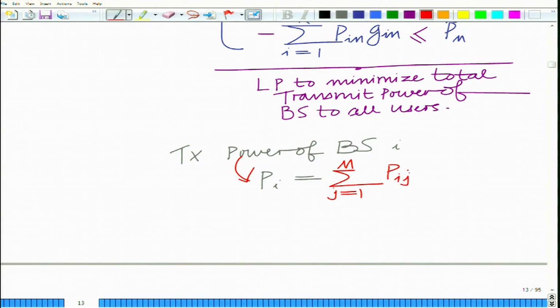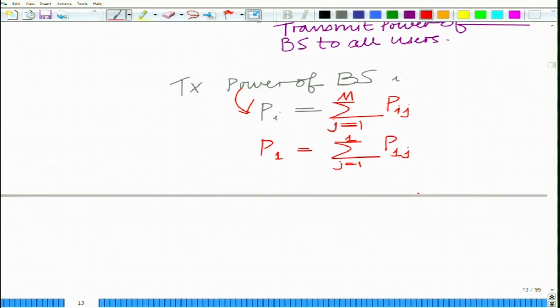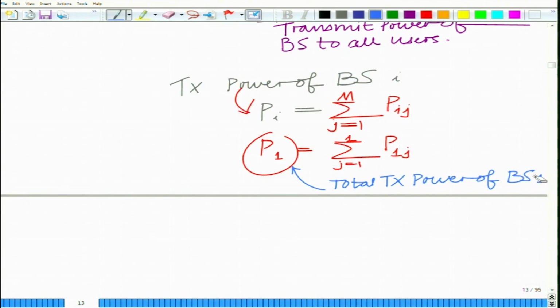For instance, P1, power transmitted by base station 1, equals summation j equals 1 to m of P1j, that is the power transmitted by base station 1 to each user j summed over all the users. Okay. So, this is the total transmit power of base station 1, in fact, that is what this is.